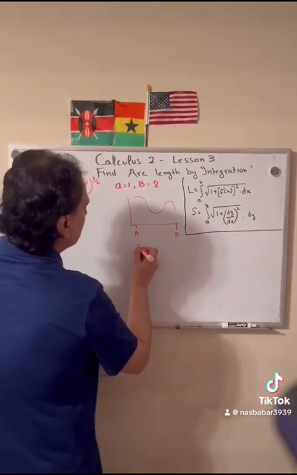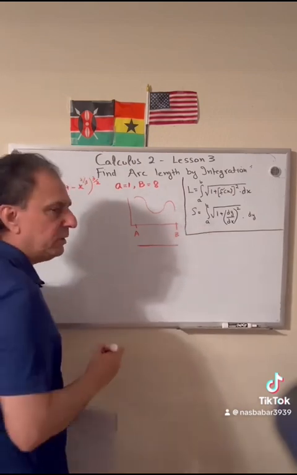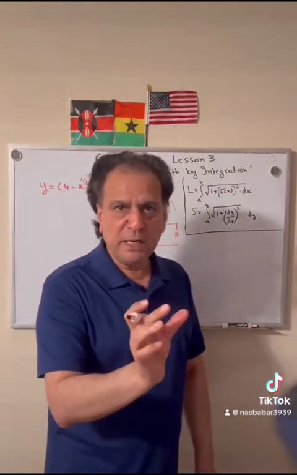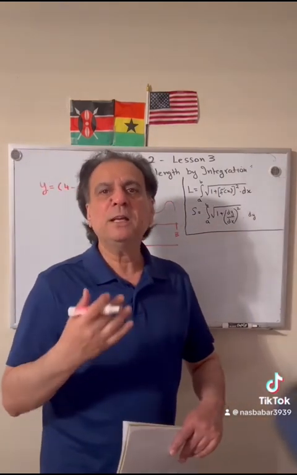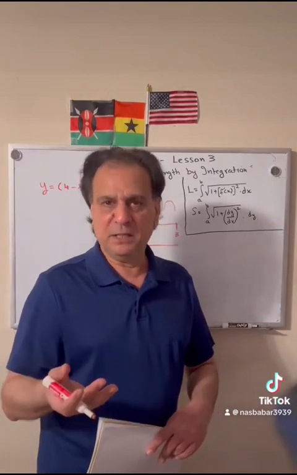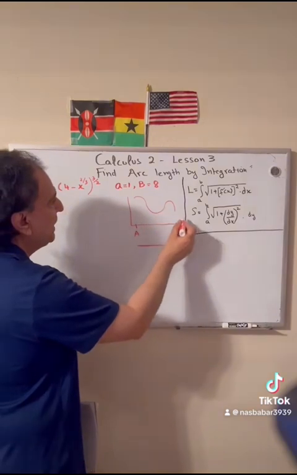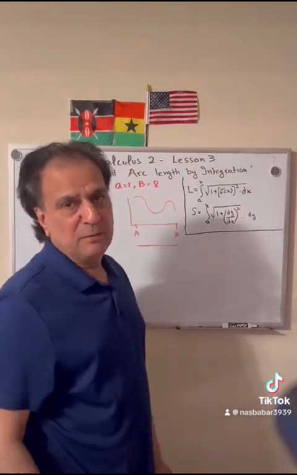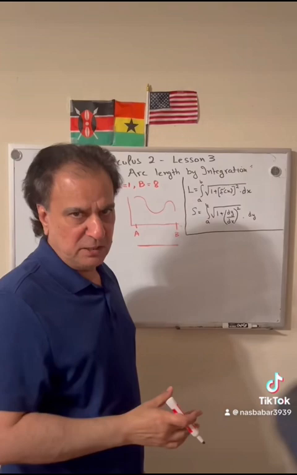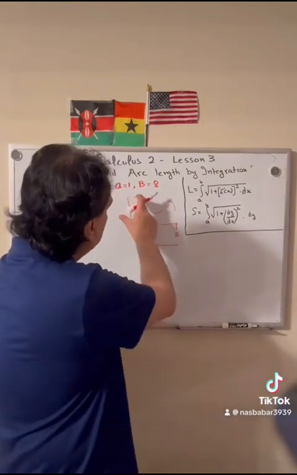Now, if it's just a straight line, that's a no-brainer. You just provide them the length of the line, and then they will provide you the estimate on material. However, if the curve is winding like this, that's a little bit of a challenge. And that is where integration kicks in, and we find the length of this arc.